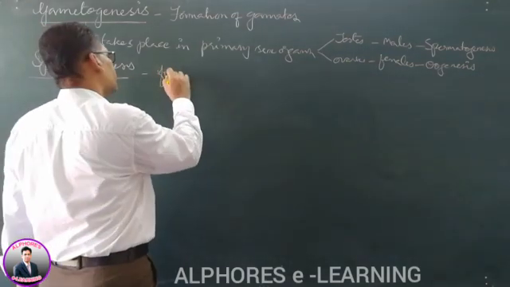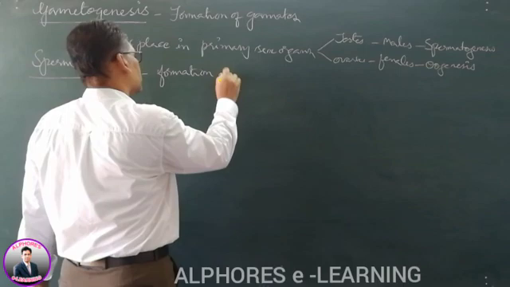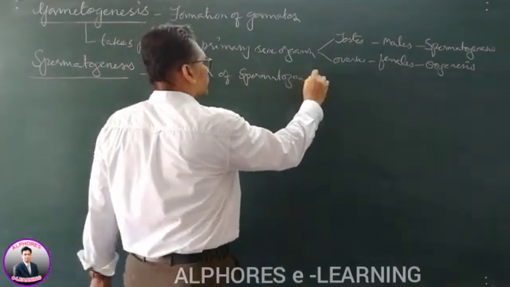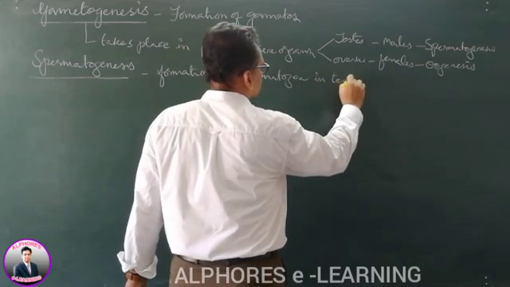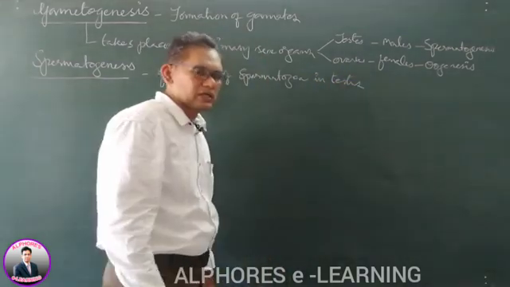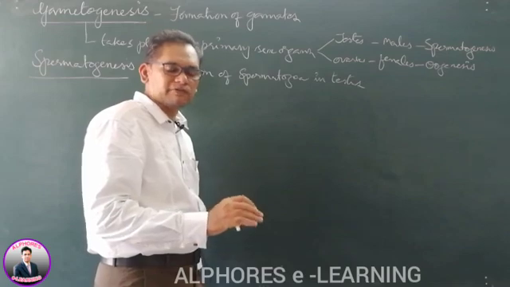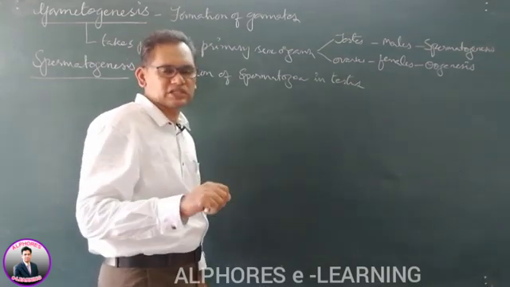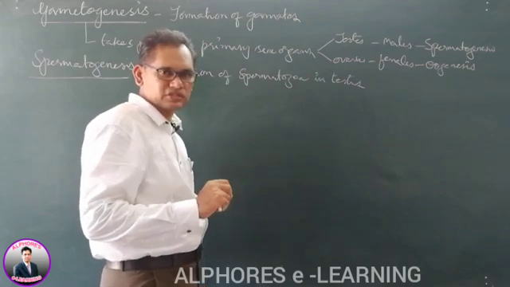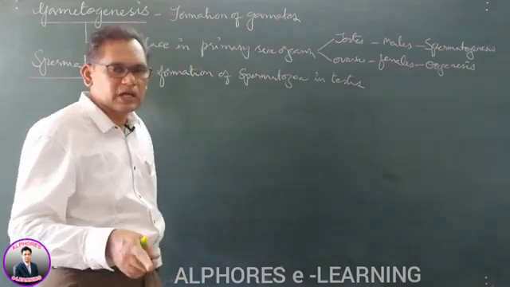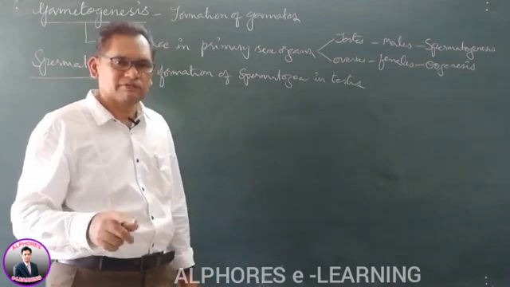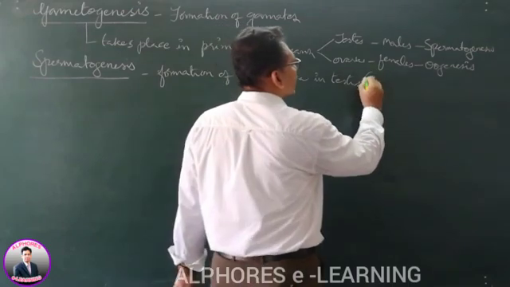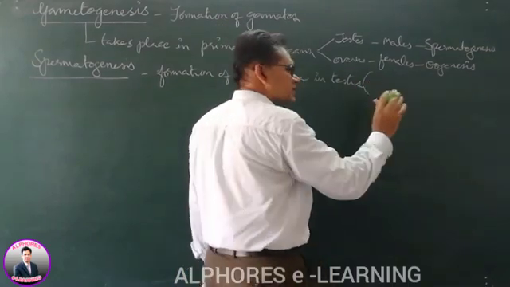In the testis, the part where the sperms are formed is the seminiferous tubules. This is what we have already discussed. Seminiferous tubules are the sites for the production of sperms, the exact place in the testis where sperms are produced.